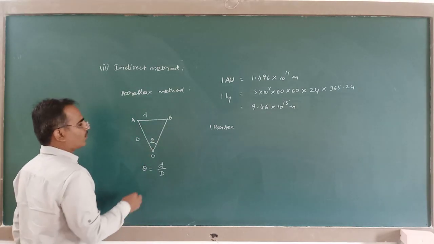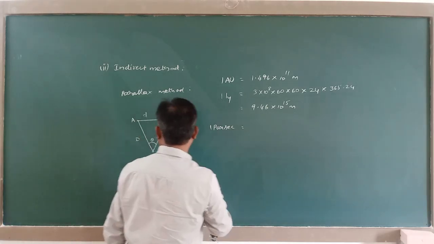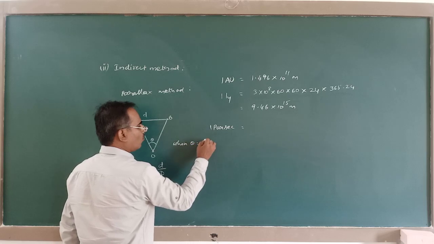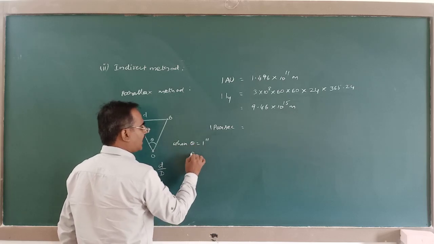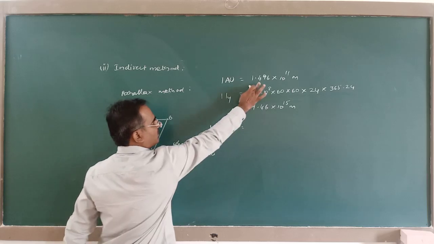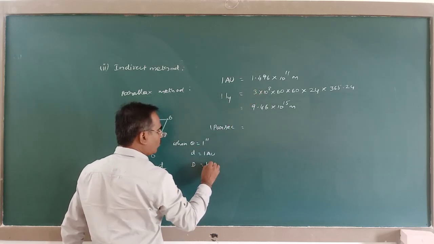That means when theta is equal to 1 second and this d is equal to 1 astronomical unit, then this capital D becomes equal to 1 parsec.